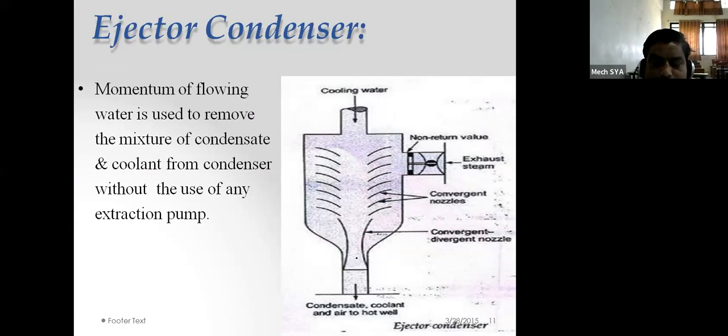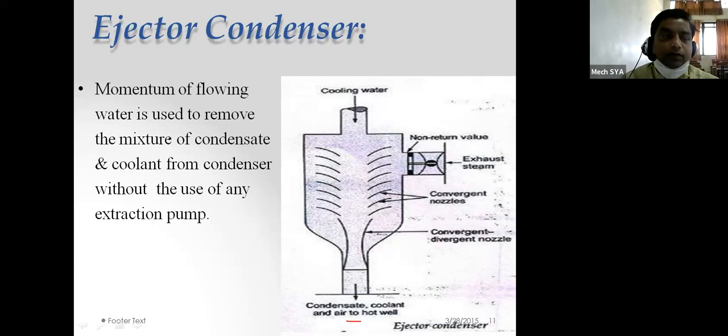As the pressure becomes much more than atmospheric pressure, the condensate and cooling water come down naturally with the help of that pressure. Okay, so this is the ejector type of condenser.